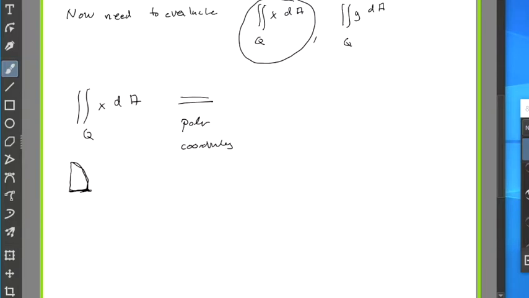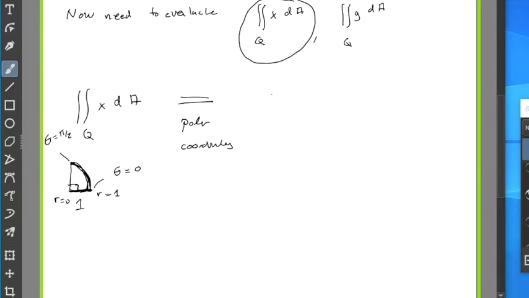Since this radius is 1, r clearly goes between 0 and 1, and down here theta is 0, and up here this angle is right, theta is pi halves.